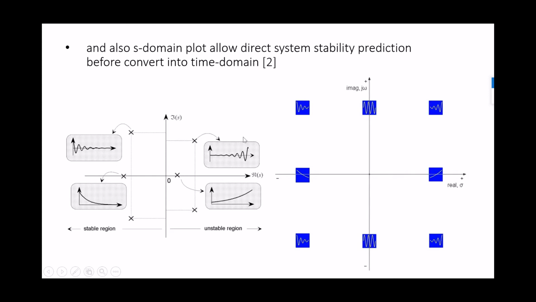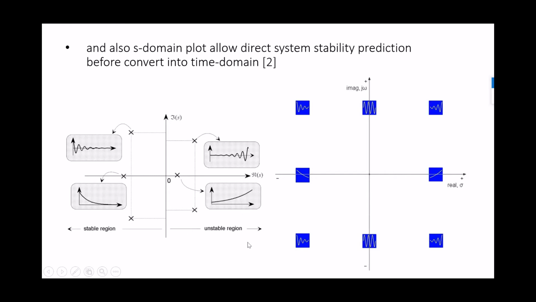But if the pole sits on the right hand side and I give a unit step to the input, the output gradually increases until the system is very unstable. If the pole sits on the real axis at the positive side, the output signal also increases until it is very unstable.